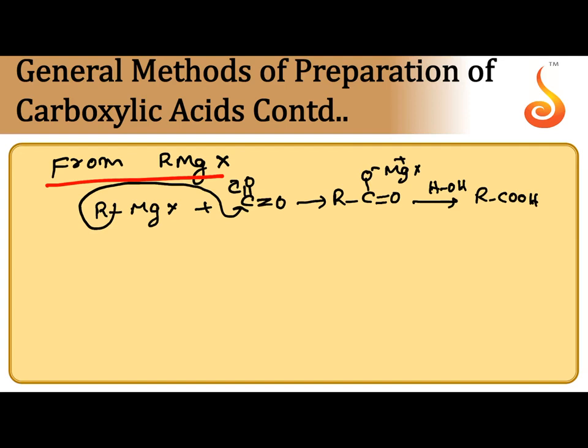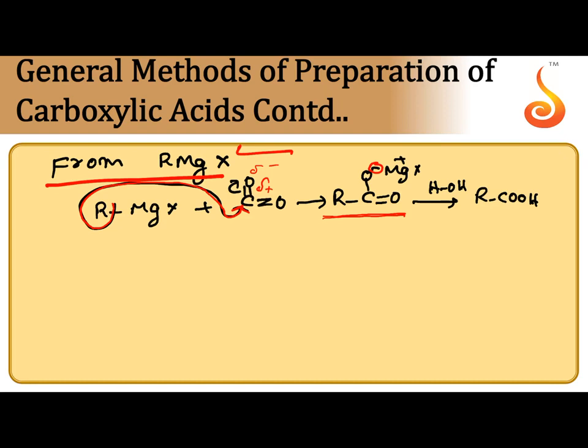Next method for the preparation of carboxylic acids by reacting with Grignard's reagents. So when Grignard reagent is reacted with carbon dioxide, carbon of the carbon dioxide is electrophilic carbon. Now alkyl group, this is potential nucleophile. R minus attacks at electrophilic carbon, forming an adduct.